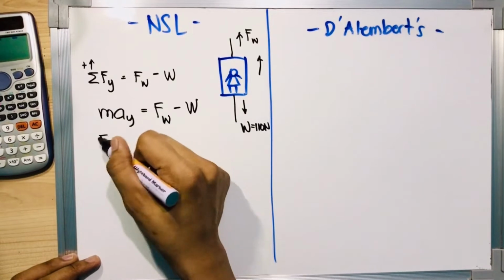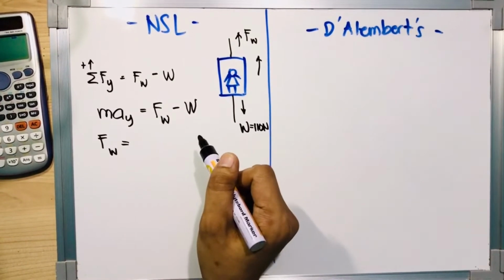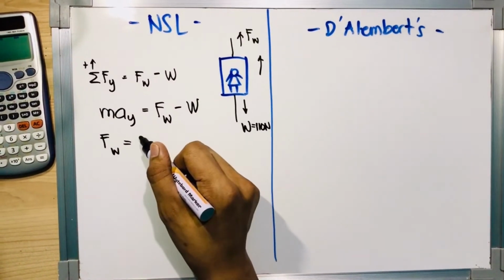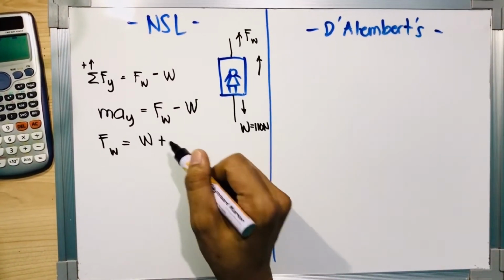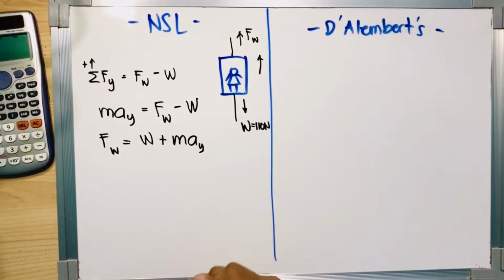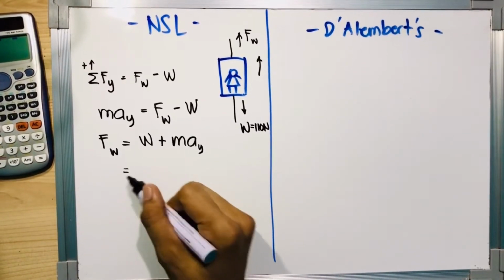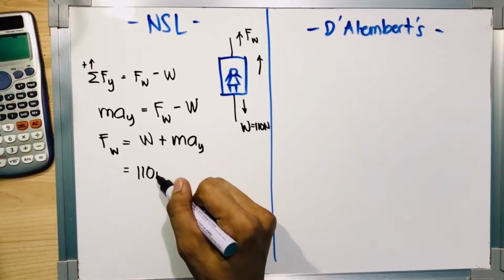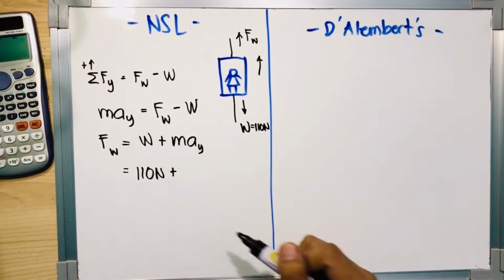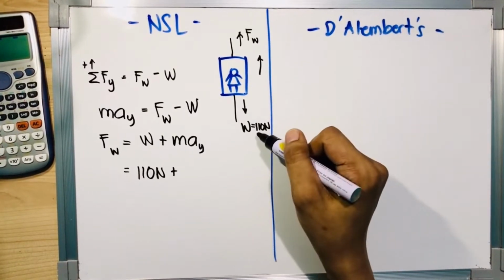So, to solve for the force exerted by the woman, edi, gagawin lang natin, itatranspose natin yung weight sa kabila, at magiging siyang positive. Magiging plus MAY, and we know the acceleration going up is 3 meters per second squared. And the weight is 110 newtons, plus yung mass, we can definitely compute for the mass as we have the weight, di ba?